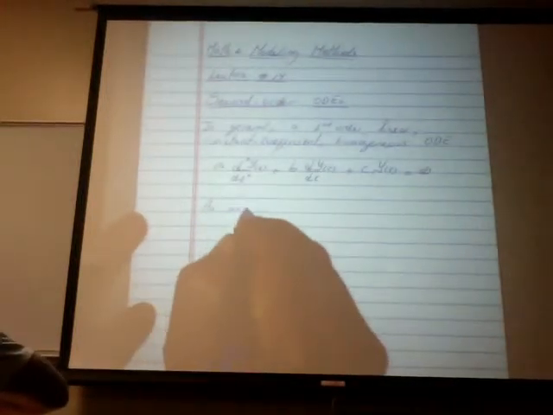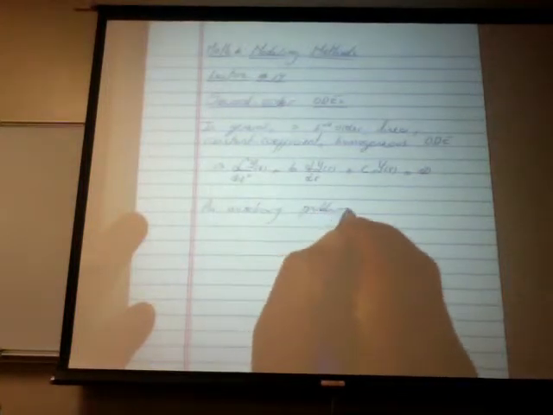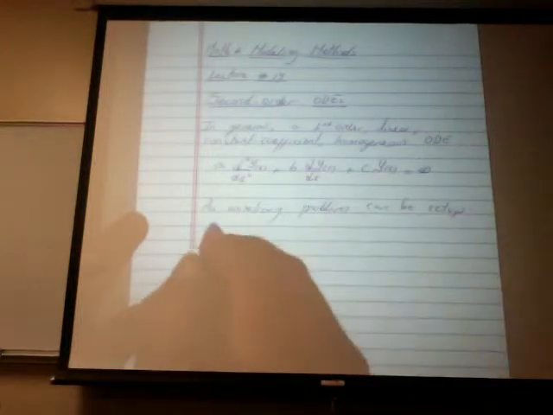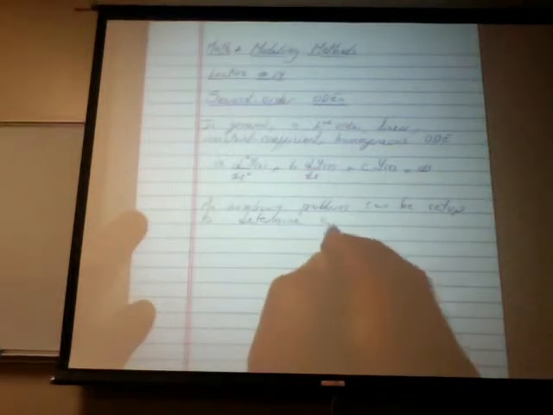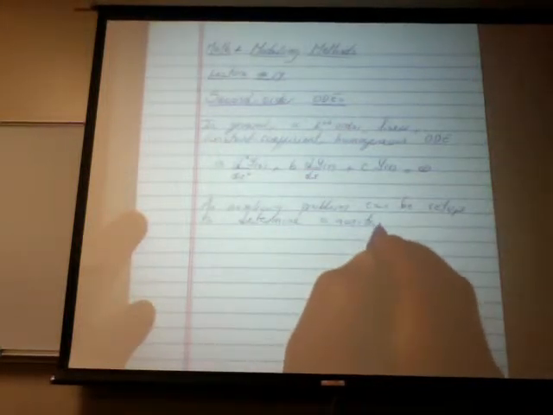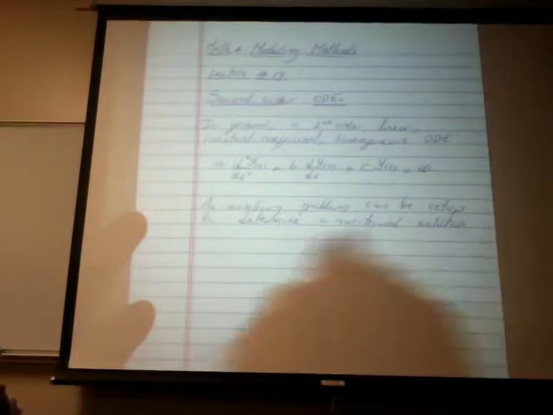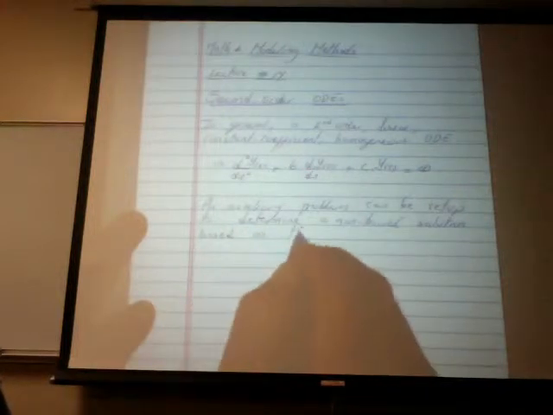An auxiliary problem can be set up to determine a non-trivial solution based on the roots.